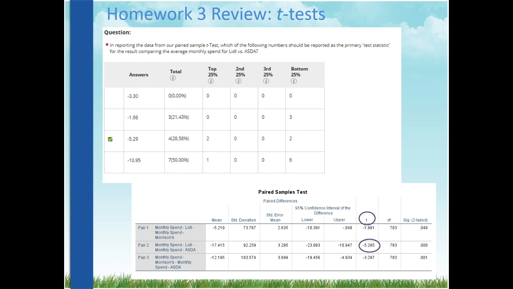But so then you look down the column, and what's the closest one? A negative 5.29. And if you see what's circled, the negative 5.285 is rounded up to 5.29. That's what we always do, is we round to 2 decimal places. So that's the answer that should be there.